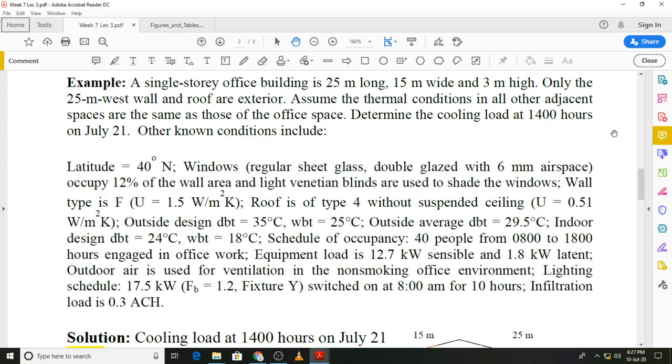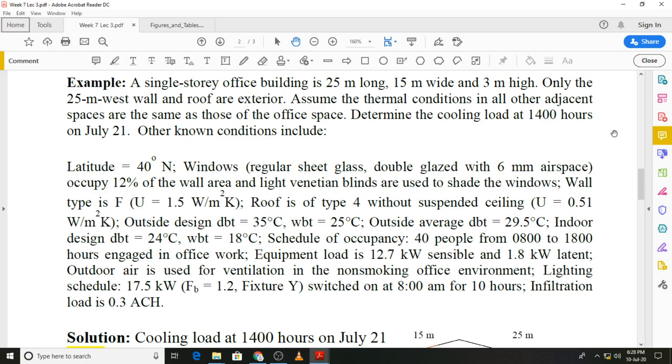The statement given in this problem, that assume the thermal conditions in all other adjacent spaces are the same as those of the office space, tells us that there is no heat gain from partitions, because any adjacent room or space is at the same temperature as that of the conditioned office space.